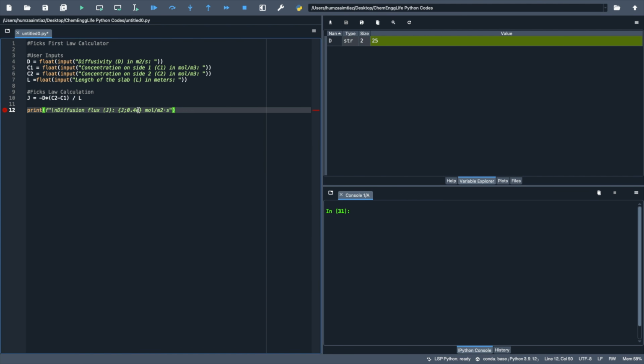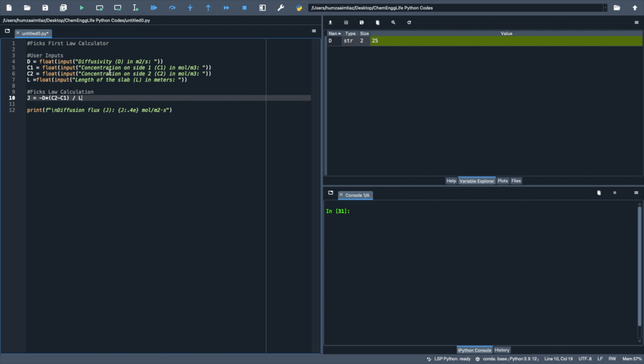Now, what this E means is that we want the result to be in scientific notation with 4 decimal places. The \n that I wrote right here is basically just a line break in Python. And this should actually be a semicolon and not the other one.